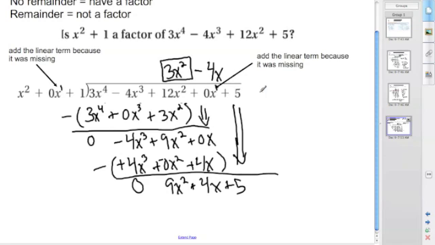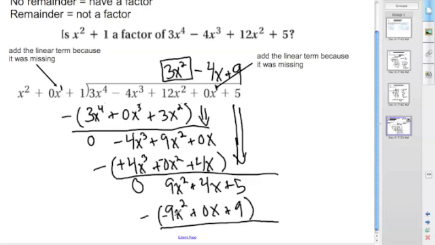So now we have to see 9x squared. So we have positive 9. 9 times x squared gives us 9x squared. 9 times 0 is 0x, and plus 9. And again, we are subtracting, which means you have to switch your signs.